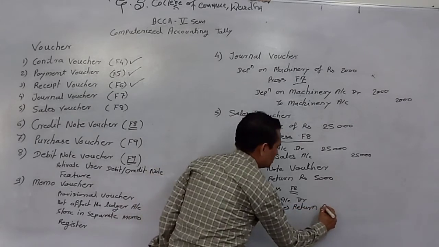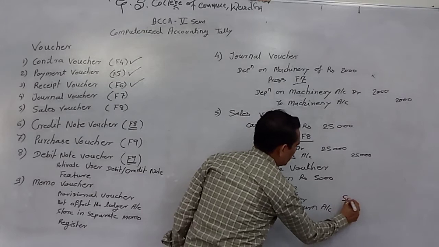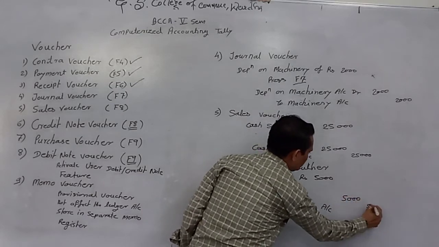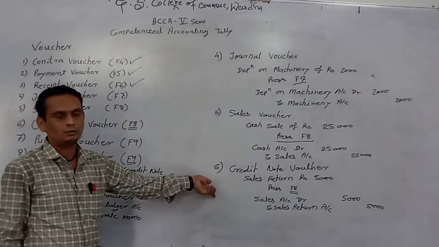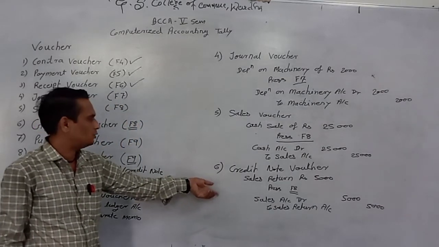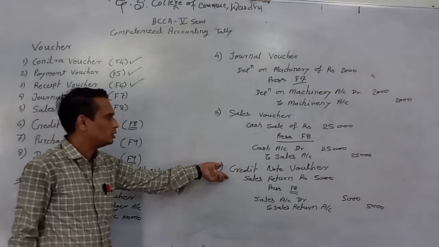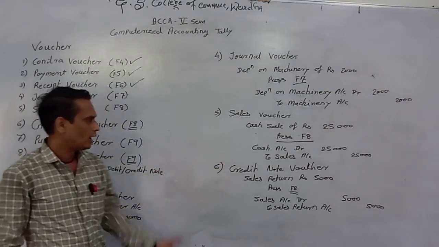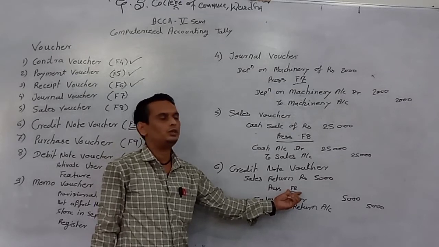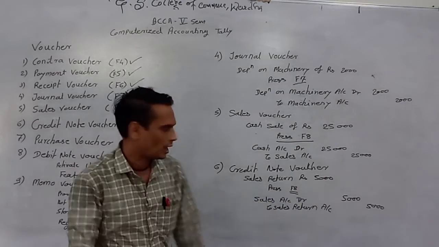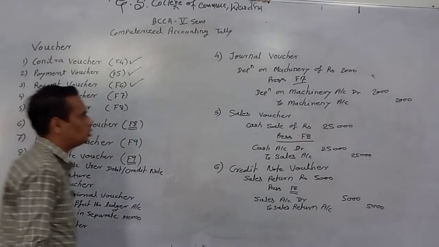Sales return account of rupees 5,000. This way the sales return transaction can be recorded into the credit note. The credit note voucher has the function key Control F8, by which we can activate the credit note voucher.